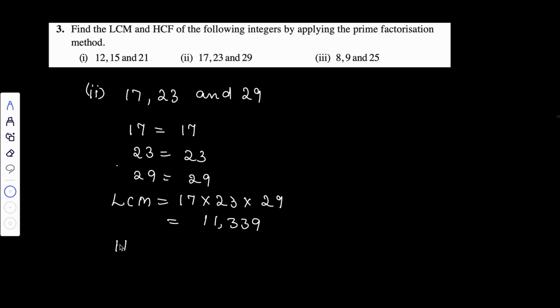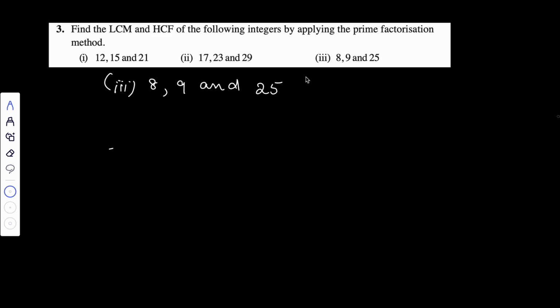Now what is the HCF of this? HCF is, there is no common factor here, we can't see that anything. So but here everywhere 1 is the factor of this, so HCF is 1. So any 2 or more than 2 numbers are prime, then always HCF is 1 and the LCM is the product of all that numbers.